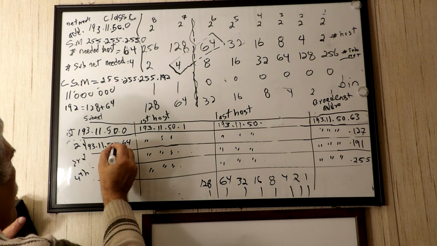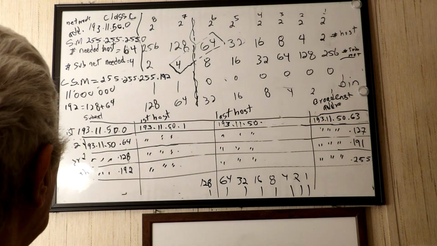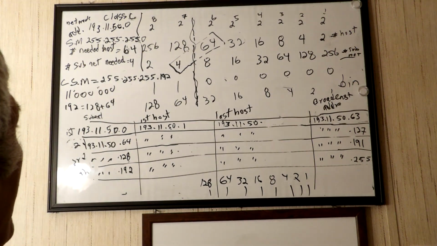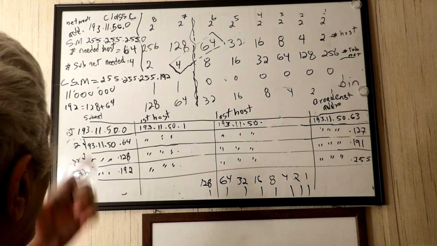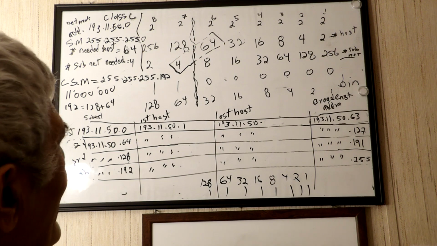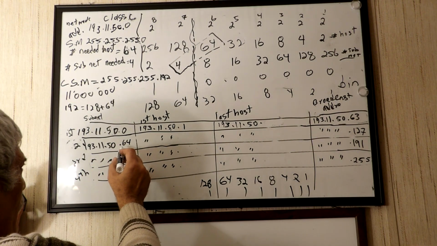I didn't write it, the same thing for this. So you have 4 subnets, and in each subnet there are 64 hosts, but the first one goes for a router, for the gateway, for the network. You want to connect to the network, you use this one. And then the second one is 64.